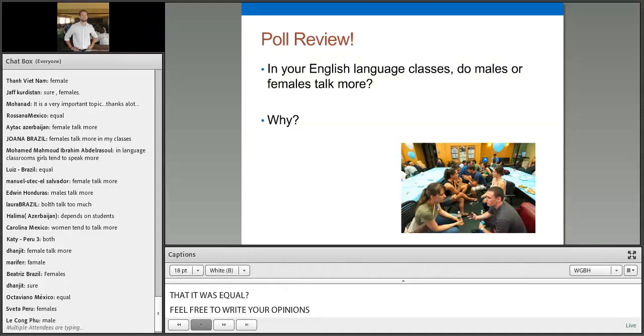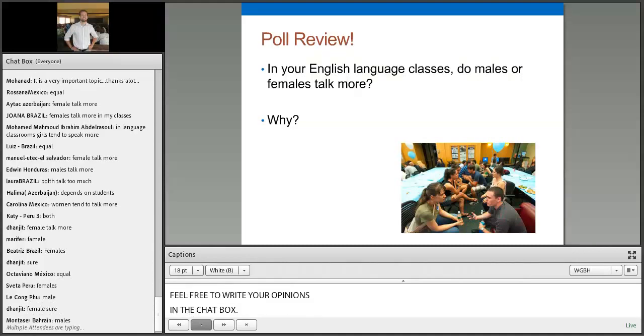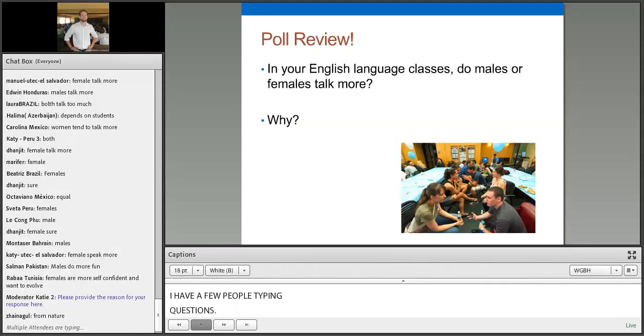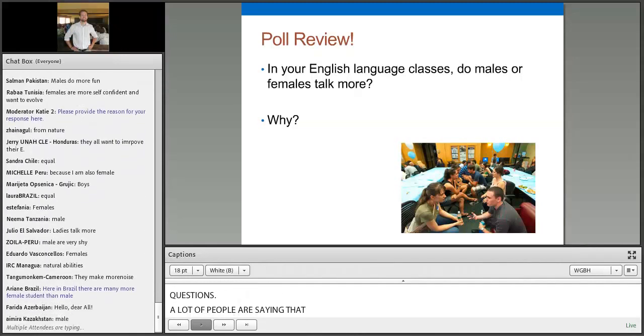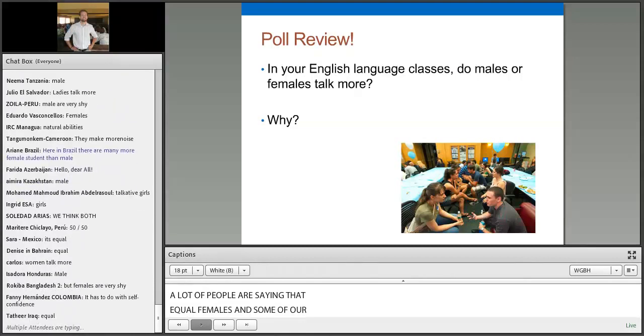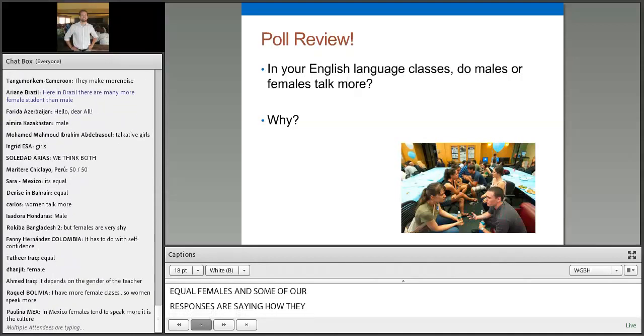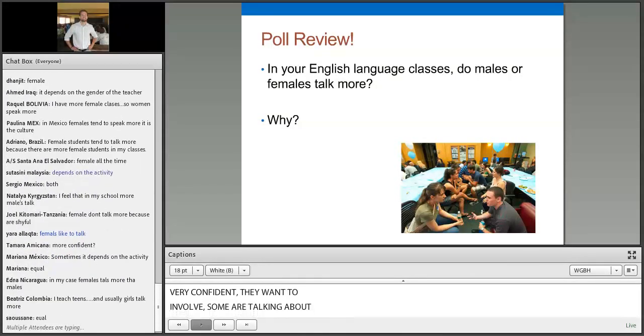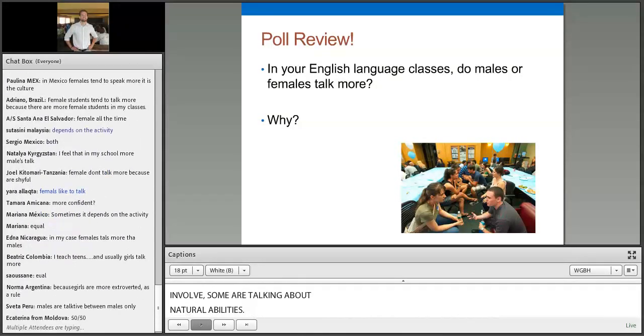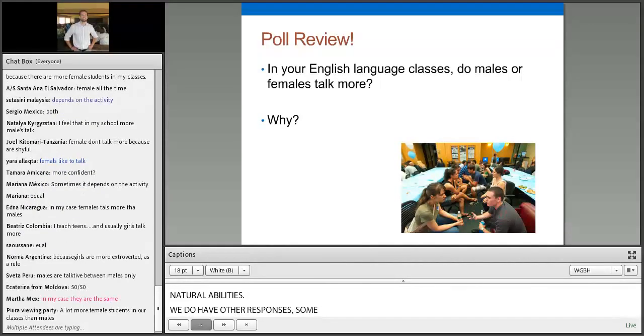We have a few people typing questions. A lot of people are saying equal, or females, and some of our responses are saying how they find that the female students are very confident, they want to get involved. Some are talking about natural abilities. We do have some other responses, some saying that it's conflicting. In some classes, males talk more.